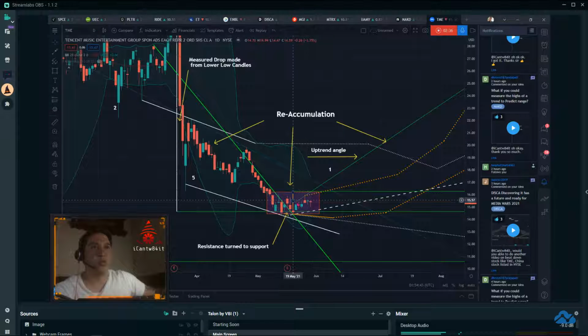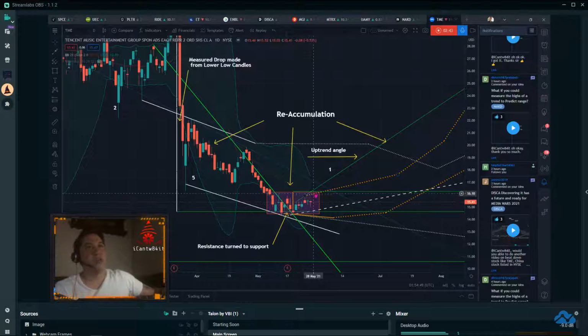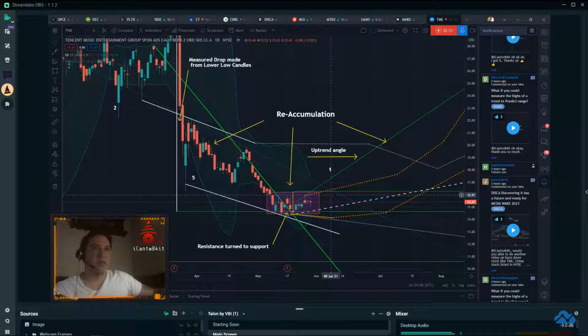It's already put a foot down and stayed above it. It went up, came down again, put another foot down, and so it should go up again and break this high of this consolidation box, find support on top of that box, and then go along from there.